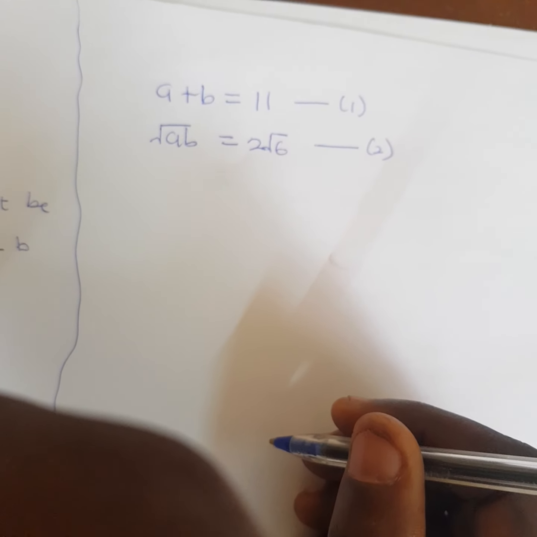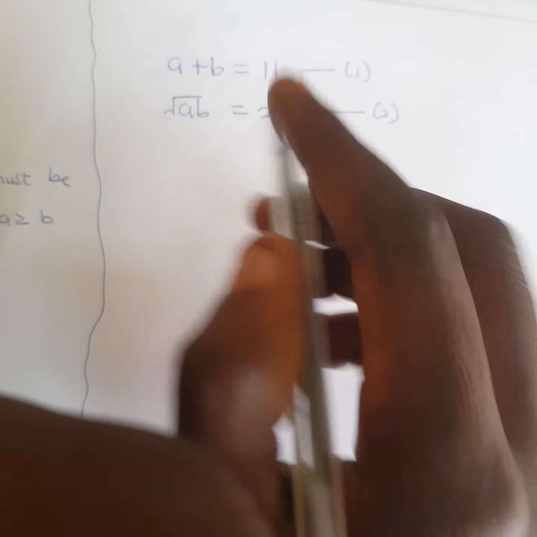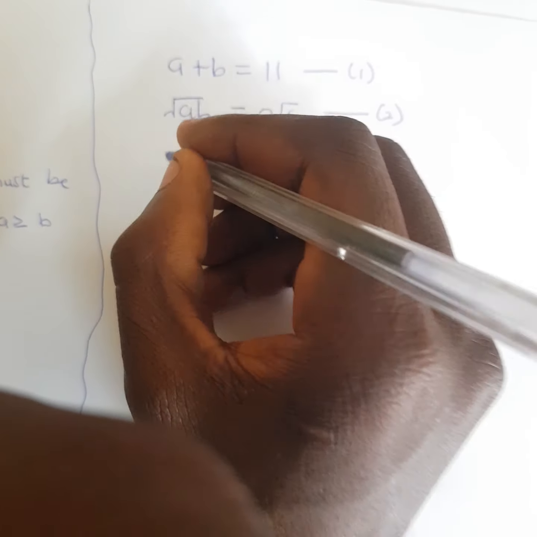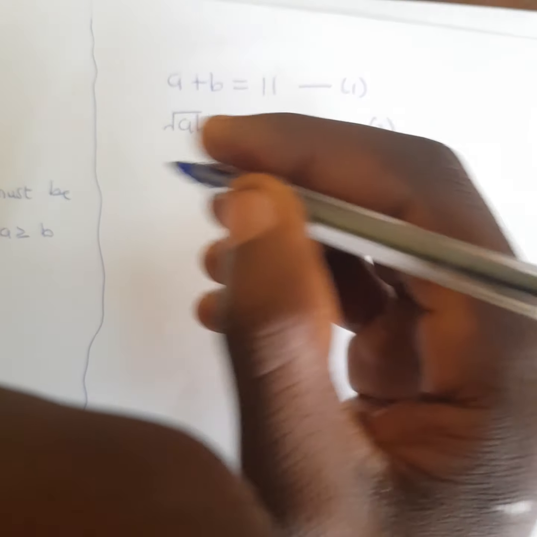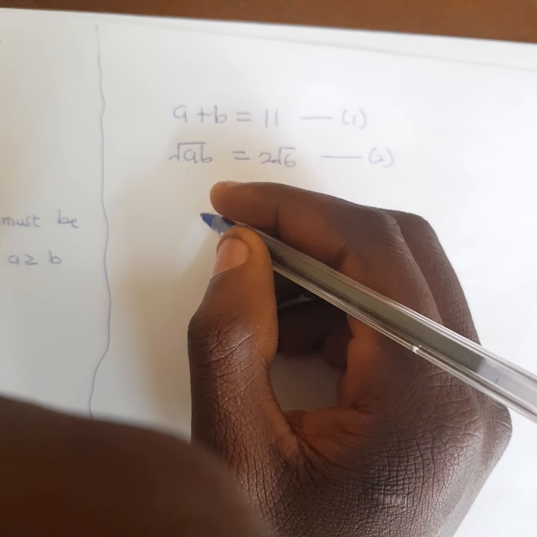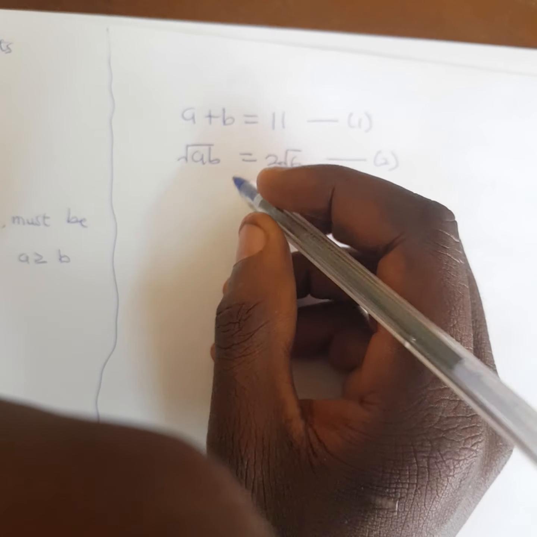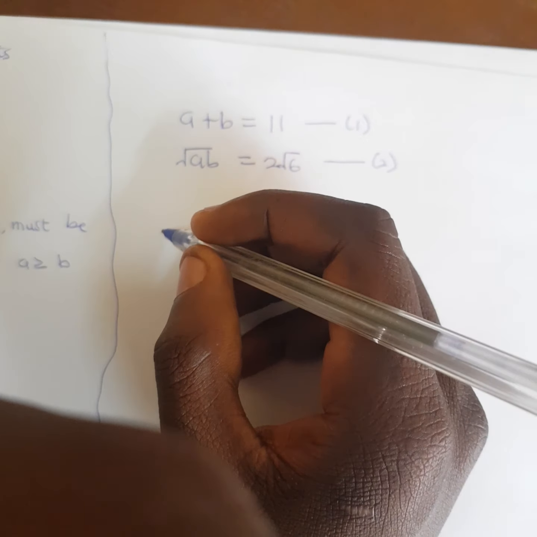You can solve this simultaneous equation by substitution method, elimination method, whatever method. But let's use substitution method, by making one of the terms the subject in equation 1 or equation 2.